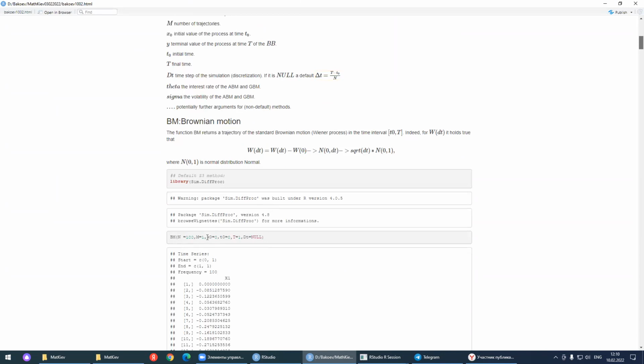The initial value of x, the initial time and the final time, and dt null means the discretization time is this one here.